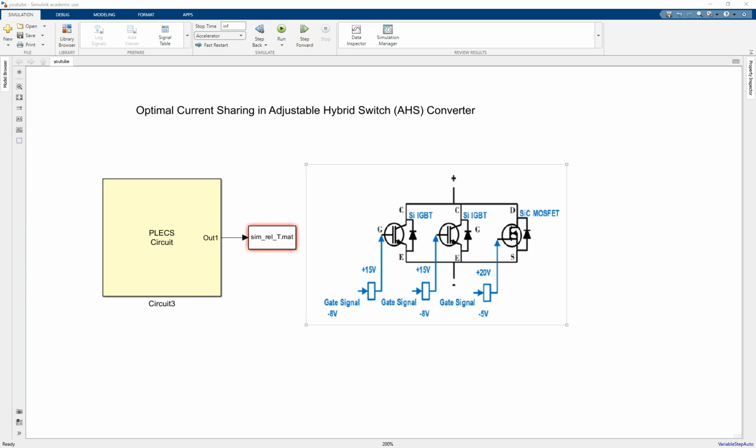But the thing is that if you allow the MOSFET to be turned on, you also allow some part of the current to flow from the MOSFET. So then the current flowing through the IGBTs basically flows through the diodes and not the IGBTs because they're not bidirectional devices. But for MOSFET, it's actually the opposite. It's a bidirectional device, so you can allow the current to flow in through the MOSFET in the negative cycle.